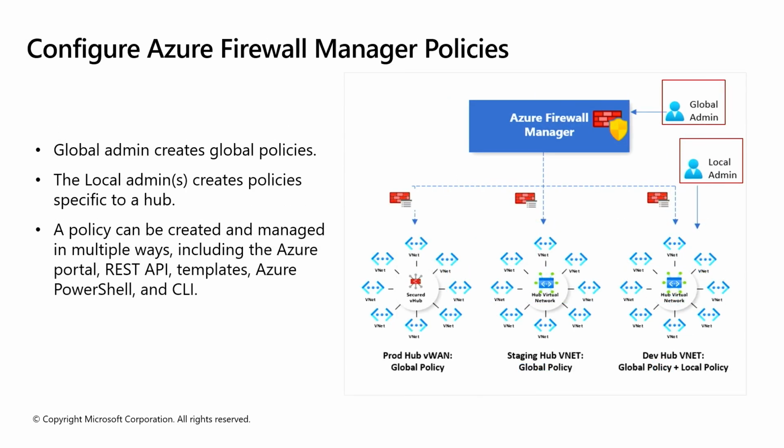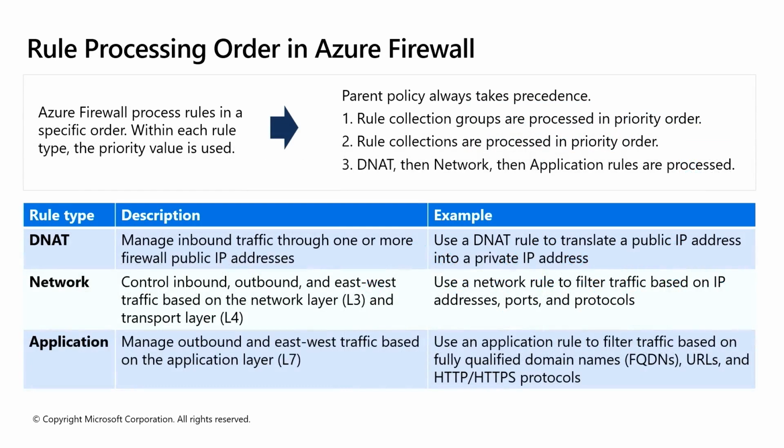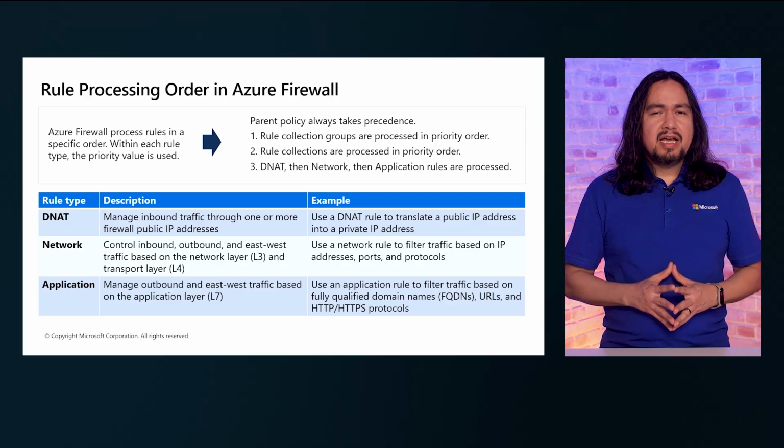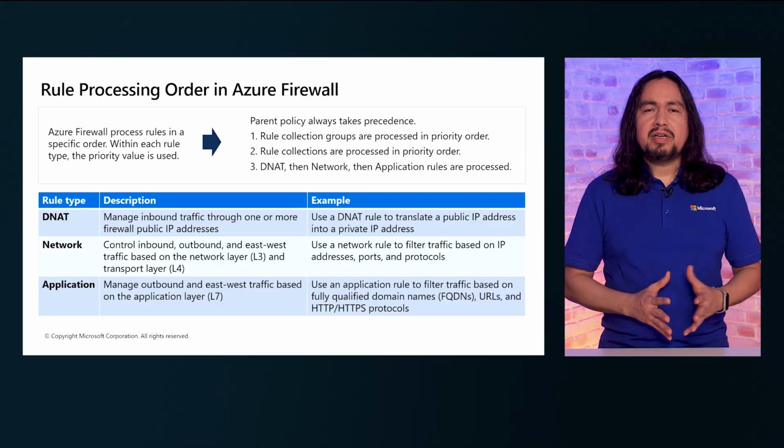When you're working with multiple Azure firewalls, you also need to use multiple policies to allow or deny the traffic. So there's certain rules that you need to take into consideration while working with these policies. As you probably noticed in the previous slide, we could have parent policies and child policies. So you need to make sure how the ordering takes place.